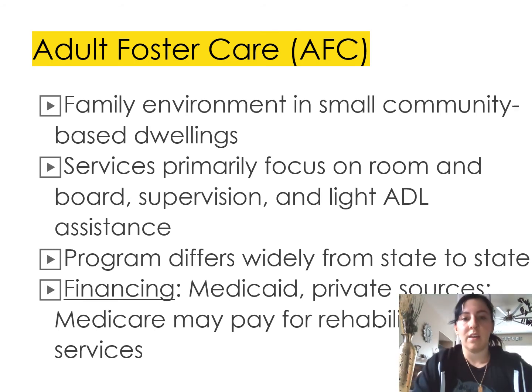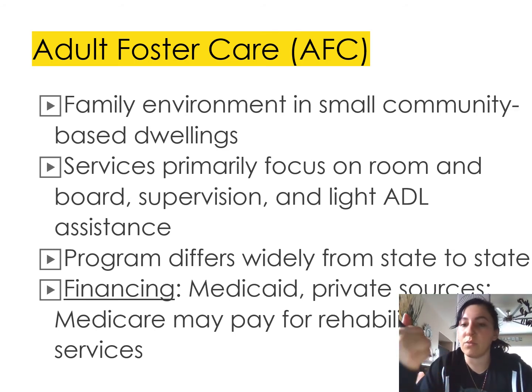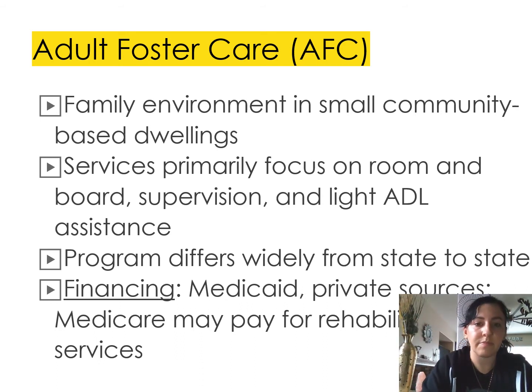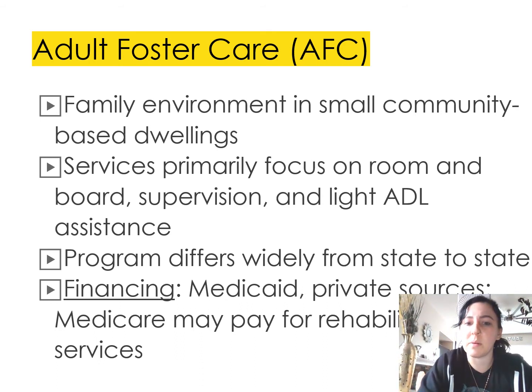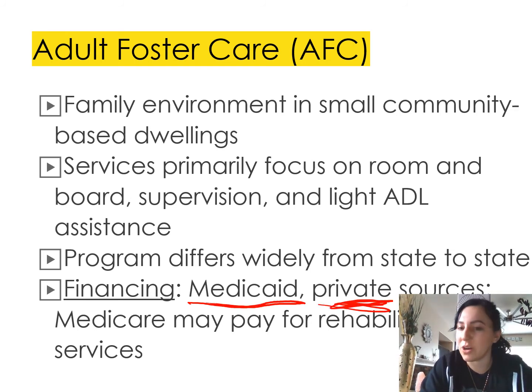And so you would be able to get room and board and supervision from the family. You get to hang out with the family and things like that. And this is typically going to be paid for by Medicaid or private insurance, private sources, charitable donations and things like that.